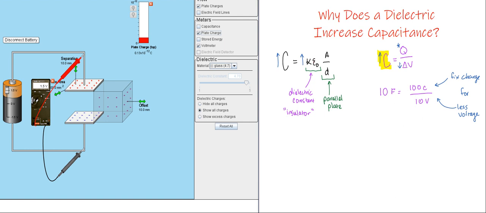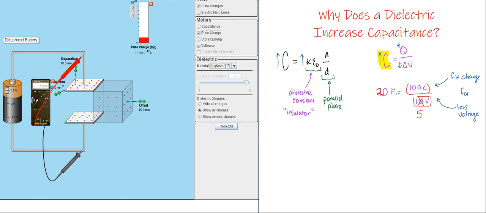By adding a dielectric, I'm making the capacitance go to a higher value so that I can keep a fixed amount of charge and have the voltage be lower. Now I would only need 5 volts instead of 10 volts because the capacitance has actually increased.